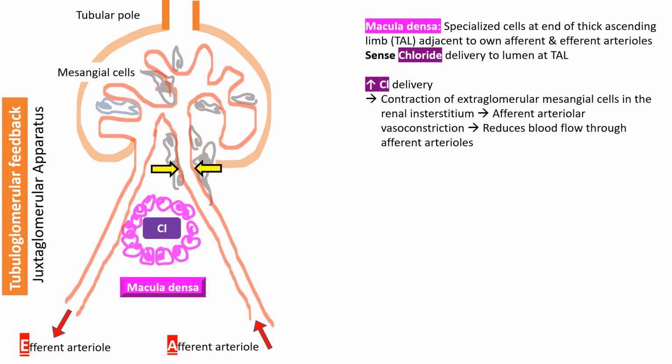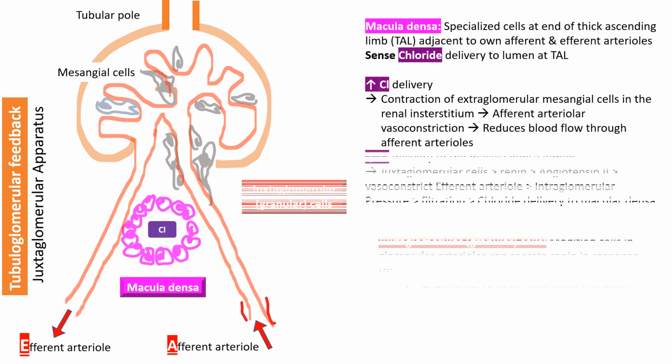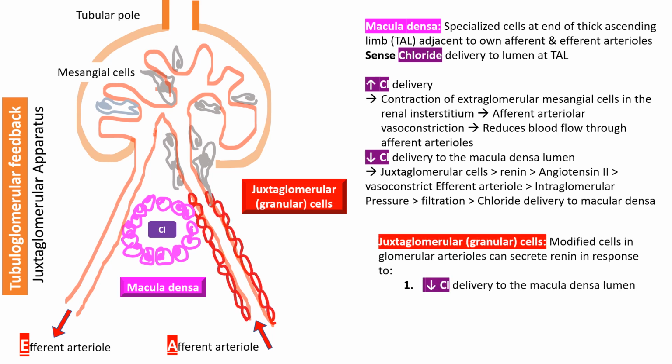On the other hand, when there is low chloride delivery to the macula densa, juxtaglomerular cells, which are modified cells in glomerular arterioles, secrete renin to increase the synthesis of angiotensin II. Angiotensin II vasoconstricts efferent arteriole to increase the intraglomerular filtration pressure.